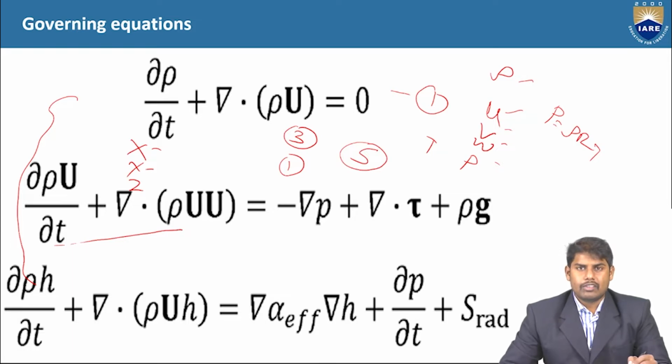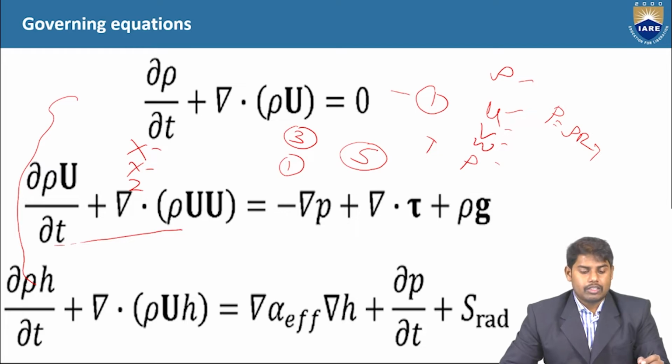So the solution for this kind of equations is that first we need to make some assumptions. Which type of fluid are we solving, whether it is a compressible flow or incompressible flow, steady flow or laminar flow, inviscid flow, viscous flow. Depending upon the assumptions, the equations we have will be reduced.